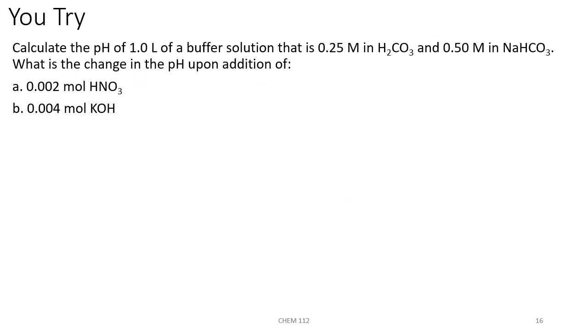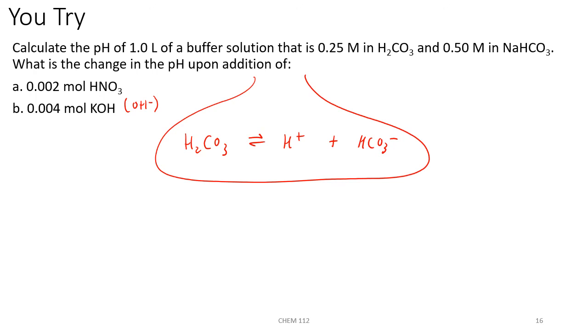In the last part, we want to see how our buffer system will react by adding additional base. So we're going to add 0.004 moles of potassium hydroxide, which is really just a source of hydroxide ion. So if we rewrite our dissociation of our weak acid, we've got carbonic acid breaking up into hydrogen ion and bicarbonate anion. And this time we're going to drop in some hydroxide ion.